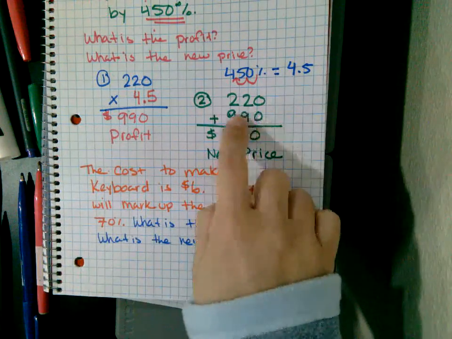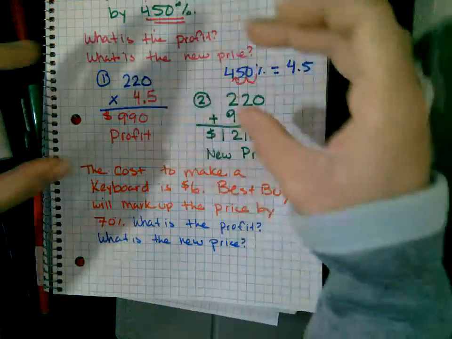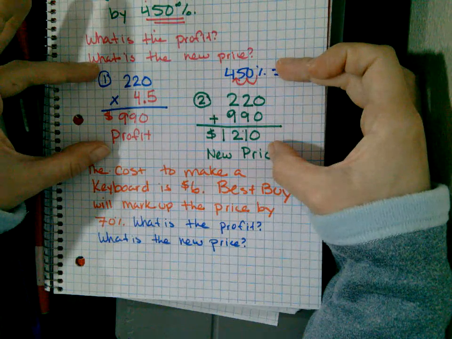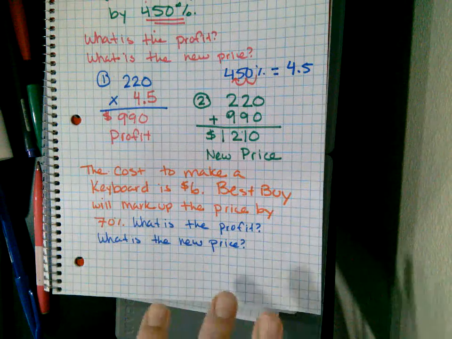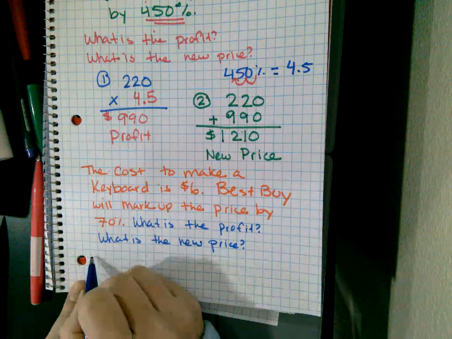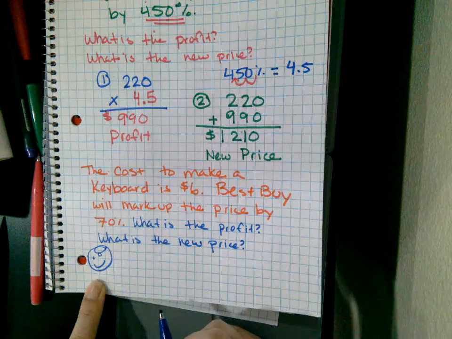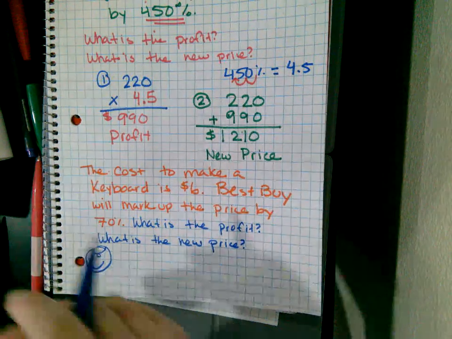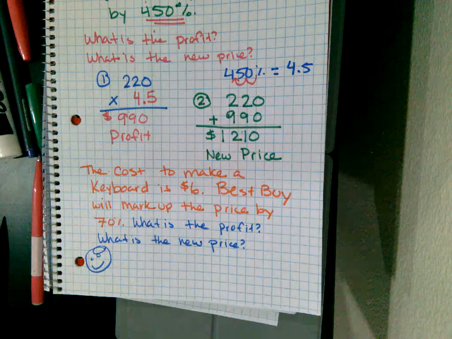Did you label everything correctly? For notes, I check everything. You gotta copy down everything. If I draw a smiley face, I want you to draw a smiley face. Everything.